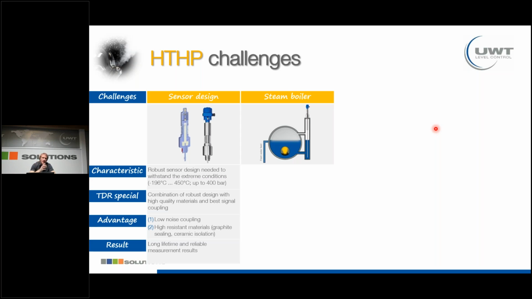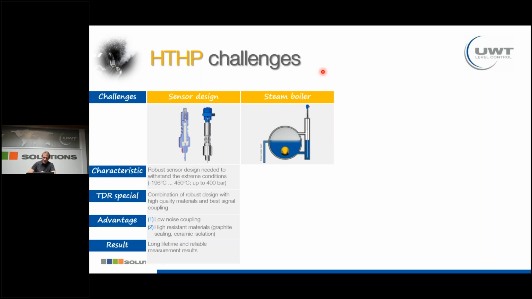And although we have this long coupling, the microwave has to travel a long distance through this coupling until it reaches the probe and then gets spread out, we have a good, very reliable signal that can be sent out because of this optimized coupling construction, and long lifetime and reliable measurement results are guaranteed by using this type of sensors.